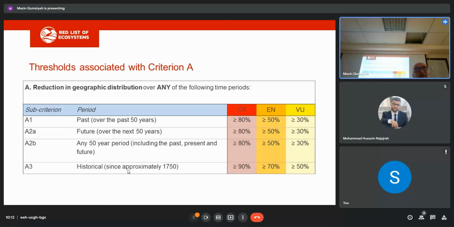This is clearly a diminution, and you have to estimate if it is 80% of diminution, 50 or 30. Okay? But the function could also have changed. So you can apply several criteria, and at the end you choose the most severe criteria. Okay?